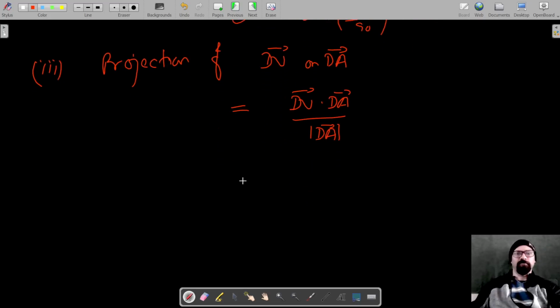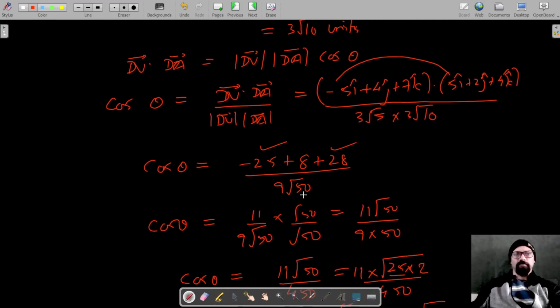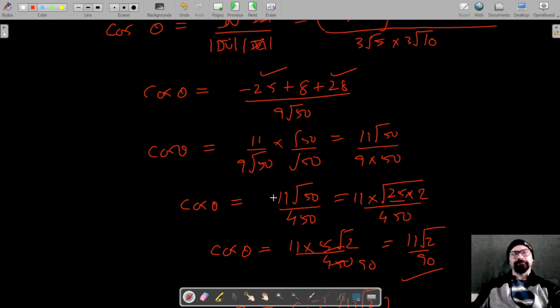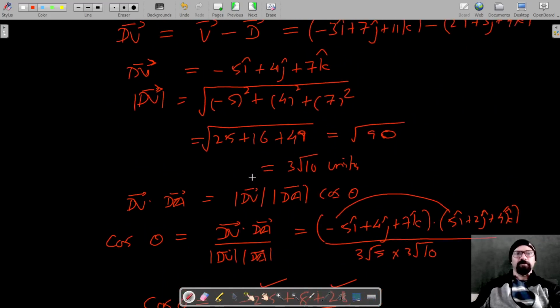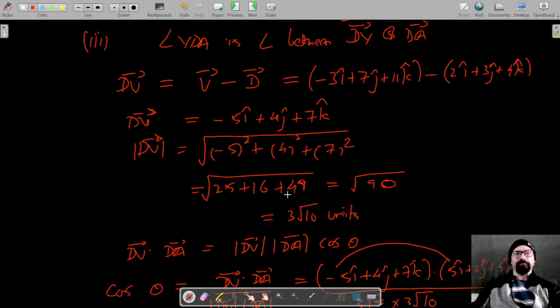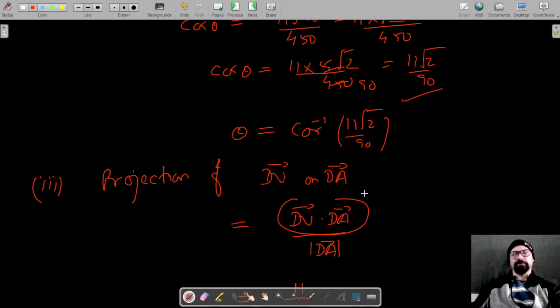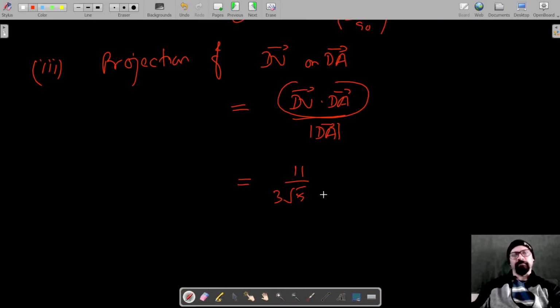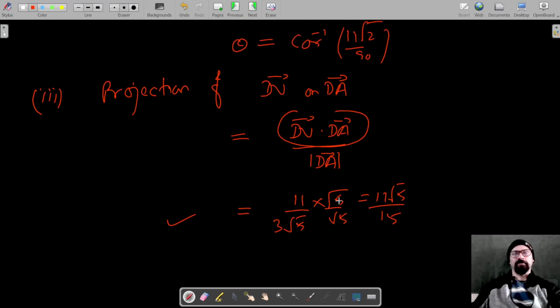We have already got the dot product, which is 11, and we have got the magnitude of dA, which is 3 under root 5. We can rationalize this, which gives 11 under root 5 by 15, which is the projection of the dV vector on the dA vector.